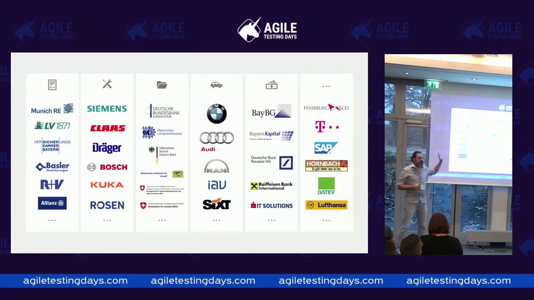Last slide on background, that's some of the companies we work for. And obviously software looks different if it's written in C and runs in a car in an ECU, or if it's an insurance system written in C#, or if it's a COBOL software that runs on a mainframe.